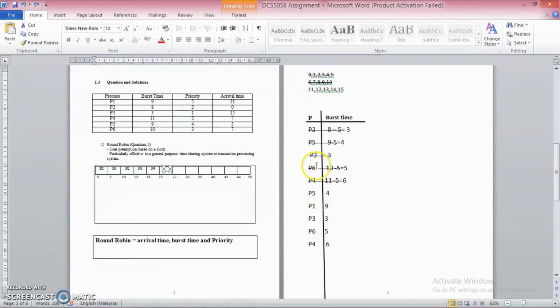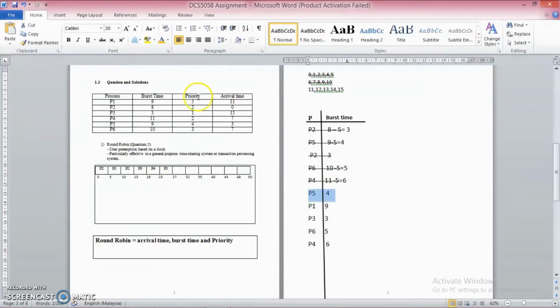And now P5. But P5 is less than quantum time, right? The same formula goes for P5, as I mentioned earlier for P2. So you just put P5 and add with the 4 here, so you will get 27. So the execution for P5 is done, and P5 is no more.